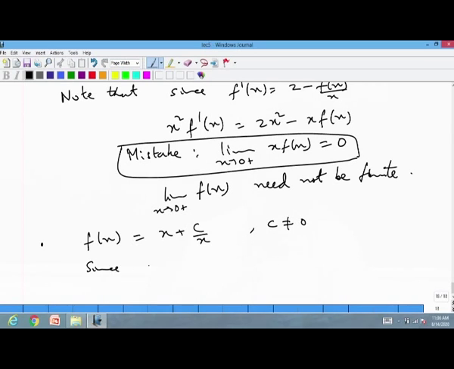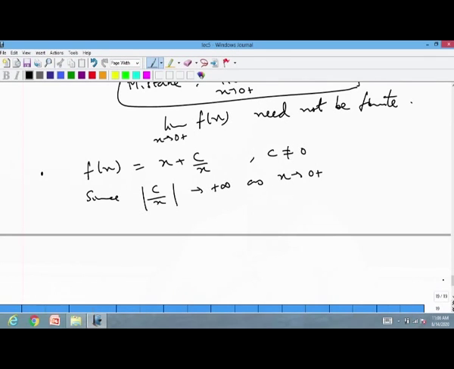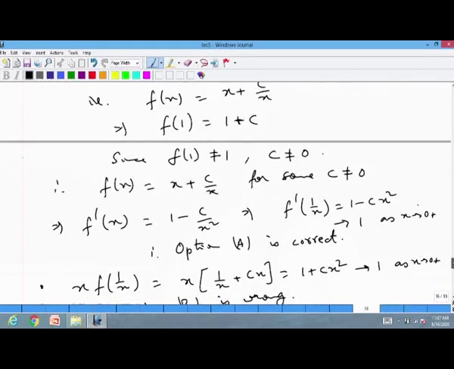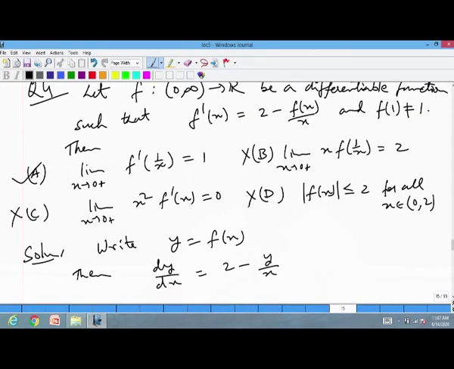So, since c by x approaches infinity as x approaches 0 plus, therefore, f x is not bounded on the interval 0 to 2. So, therefore, option D is also wrong. So, only option A is the correct option here.